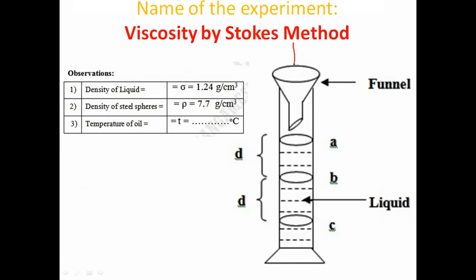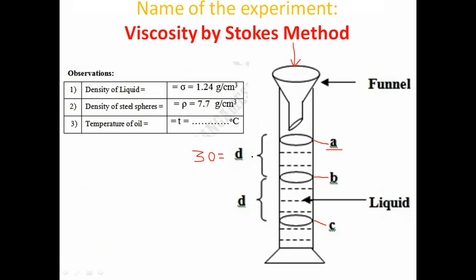So here if you leave the sphere through the funnel, this is the first mark on the body of this glass tube, that is A mark. This circle is visible, this is A mark, then this is B mark, and this is C mark. If you remember, the distance between them is equal to 30 centimeter.